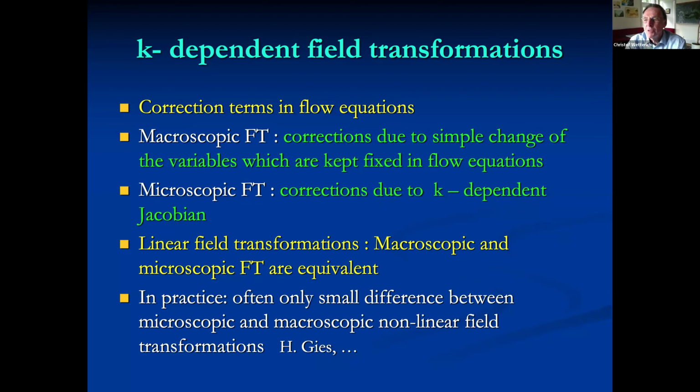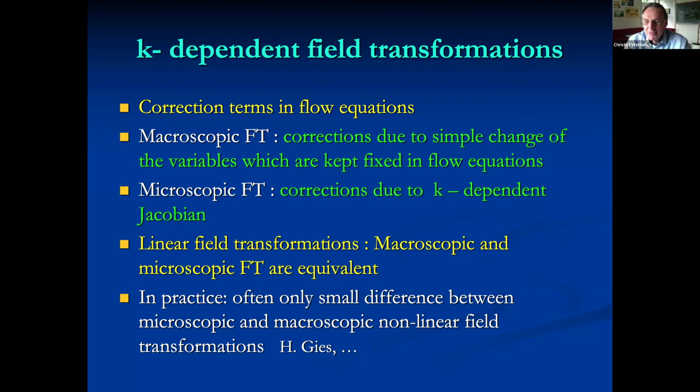The correction terms are identical. And now, in practice, if you do not go very far away from linear field transformations, or if you have a certain class of nonlinear field transformations, then the microscopic and the macroscopic nonlinear field transformations give almost the same thing.